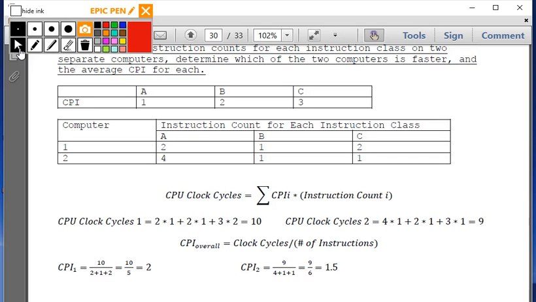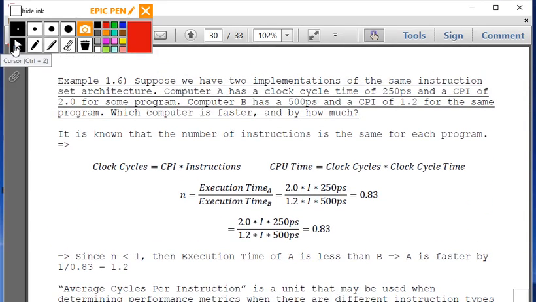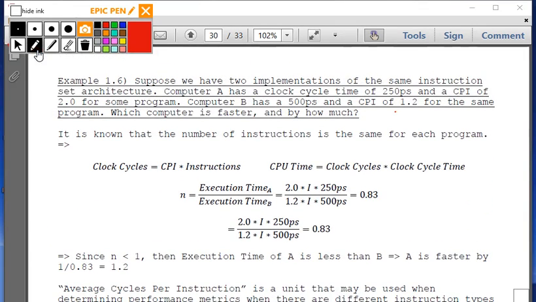Does anybody have any questions on this before I move on to the next example? Basically, we would get this 2 and 1.5, and once you've calculated your average CPI, you could go up to example 6 and plug those numbers in. Now you have your clock cycle times, you have the average CPI, you know that the instruction count is the same, and you can compare the computers again. So now we can get even better comparisons.